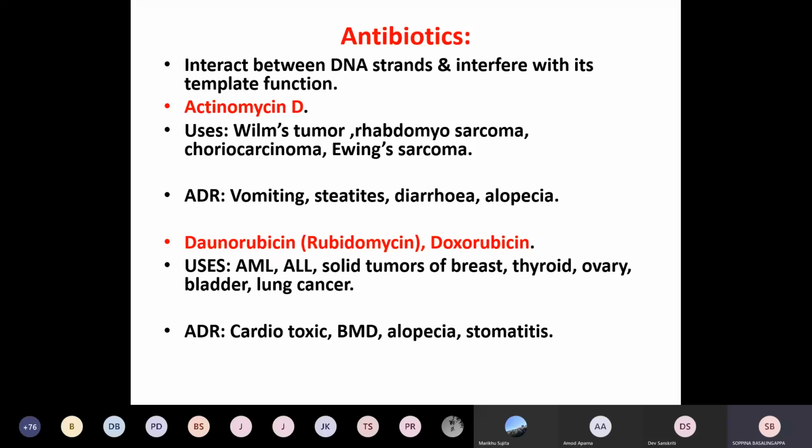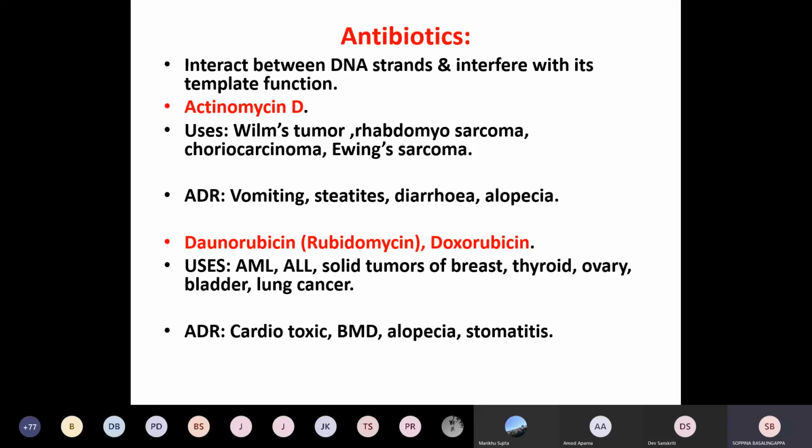Antibiotics interact with the DNA strands and interfere with its template function. Example, actinomycin D, used in Wilms tumor, rhabdomyosarcoma, Ewing's sarcoma, choriocarcinoma.